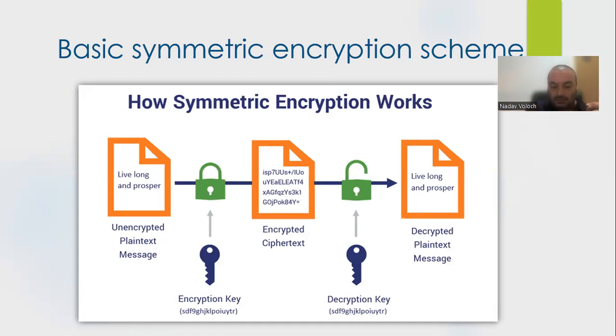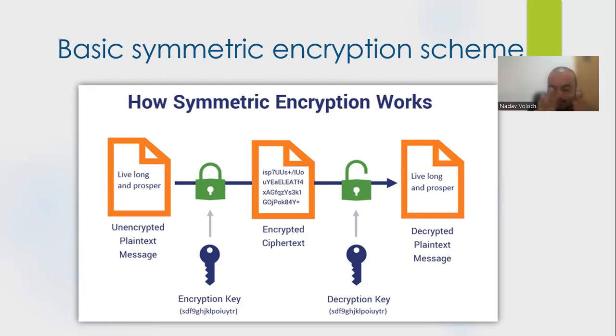For those who are not in the field, I'm going to explain just a little bit about what encryption is in general and what symmetric encryption is specifically. When we talk about symmetric encryption, we refer to the private keys, and I'll explain in a second what keys mean.